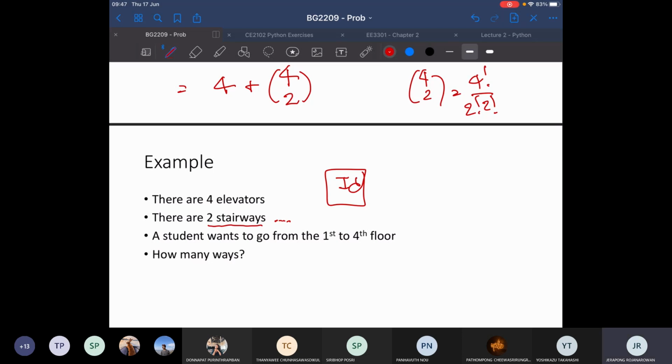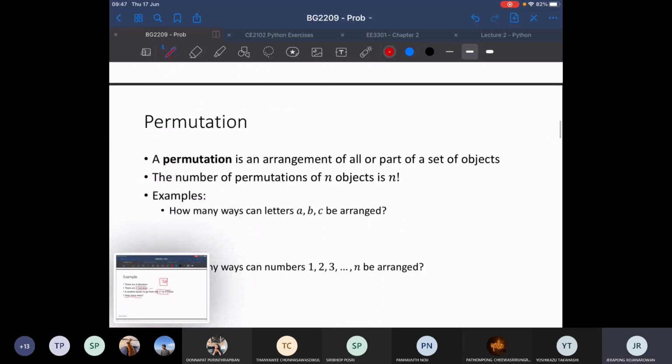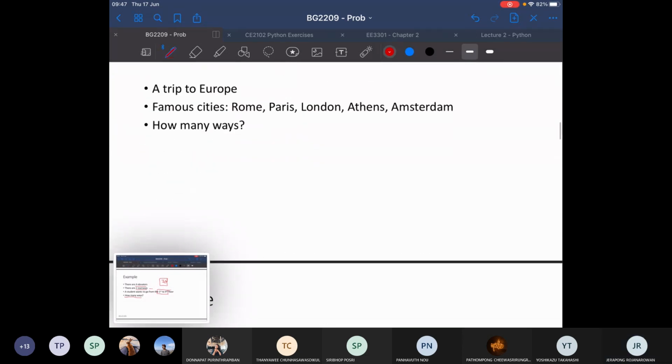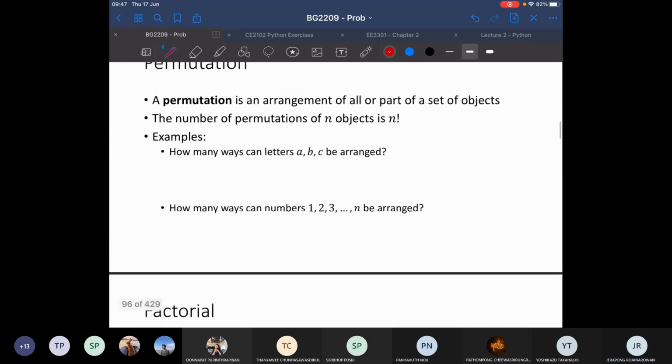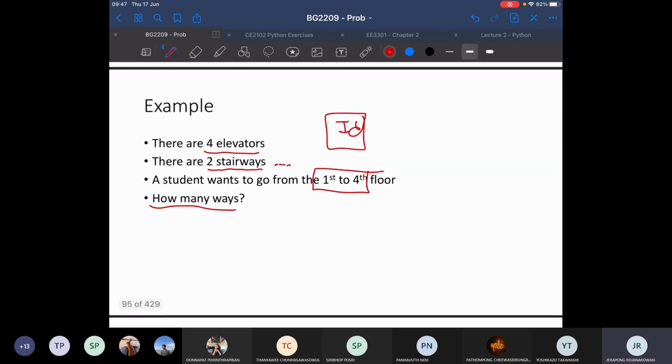You have 4 elevators and 2 stairways, and how many ways can you go from the first floor to the 4th floor? And do we have something else? Okay, we're gonna come back to this. Okay, now do this one first.